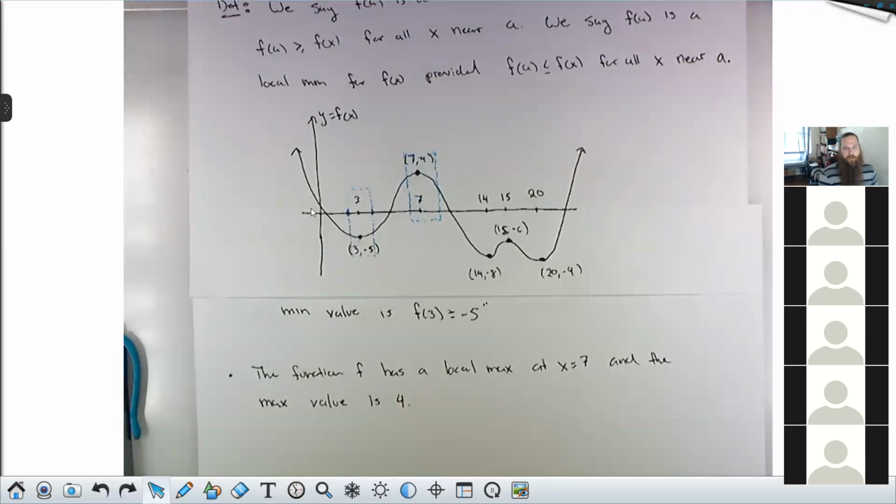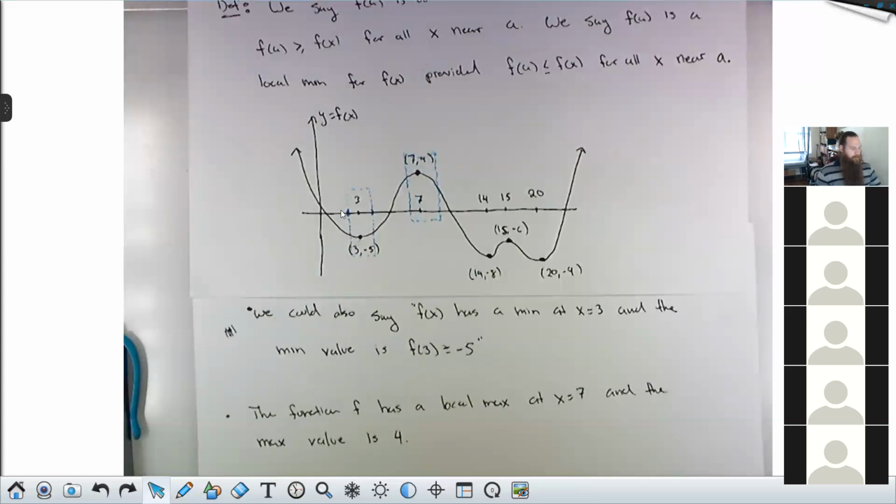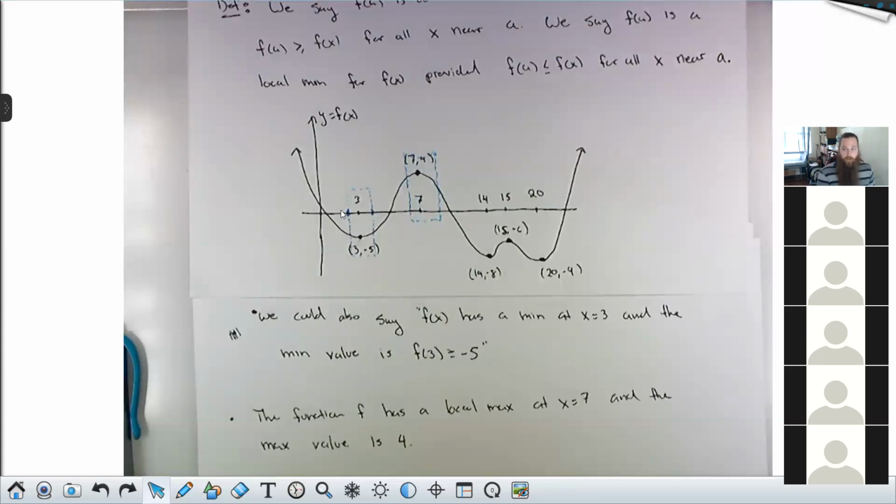So who can tell me the location of the next local max? Working left to right, what is the location of the next local max? 15. Very good. The next local max occurs when x is 15. And what is the max value there? -6. Excellent.